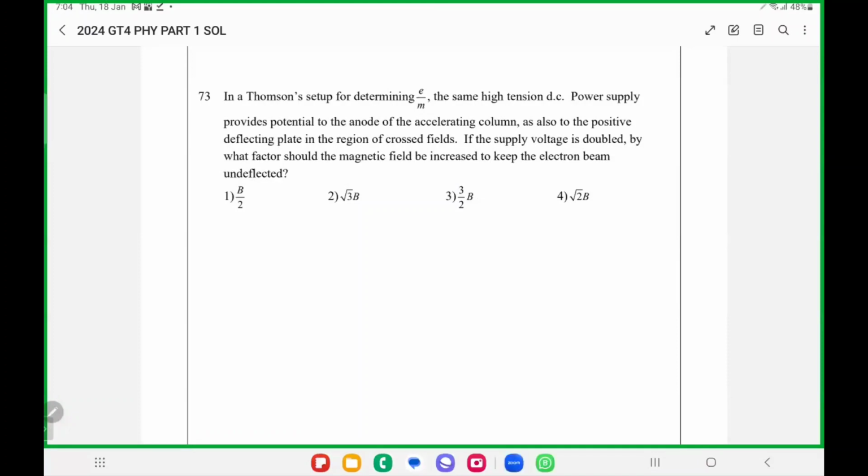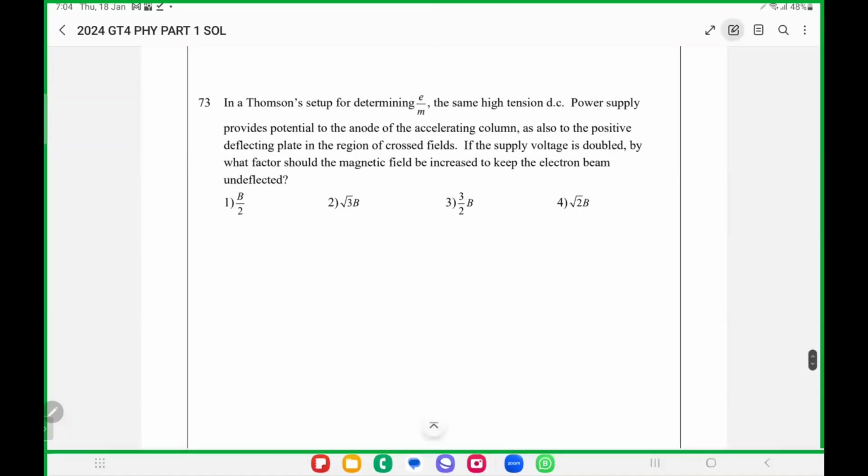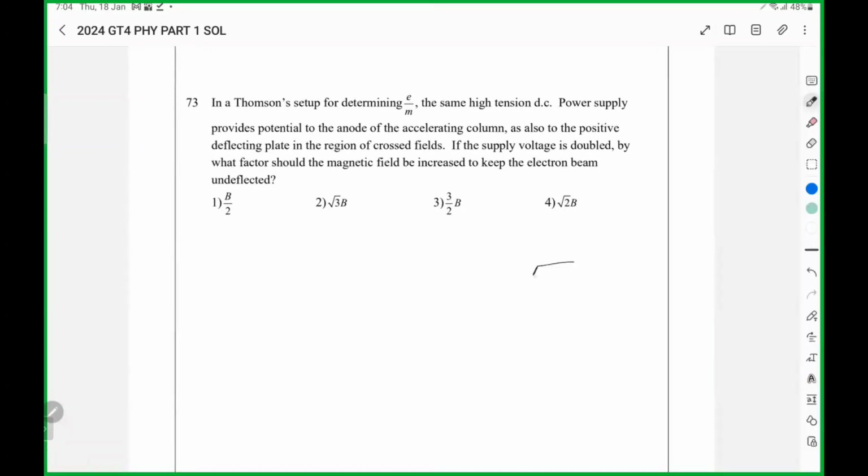This particular problem, before solving the problem, I'll give a little introduction about this Thomson experiment. Here, two plates are kept separated by a distance D. So this one is connected to the positive terminal of the battery.